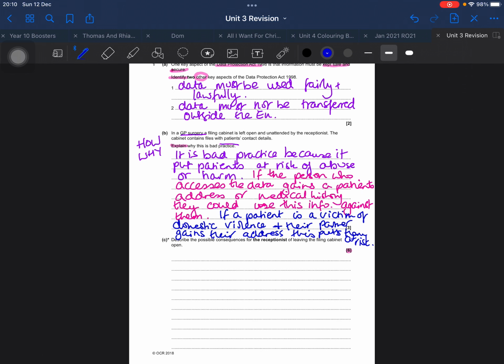Now, we're not looking for a list here. If you're giving a list of information, you're not going to be able to give explanations of everything. You must make sure that the consequences relate to the receptionist, which is shown in bold, rather than to the GP surgery.